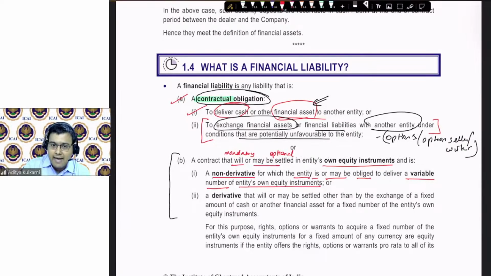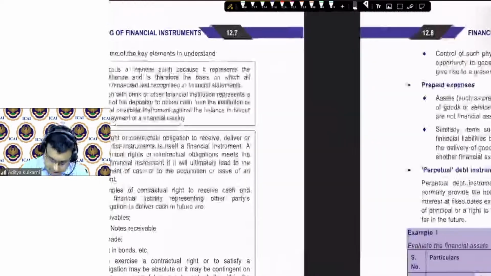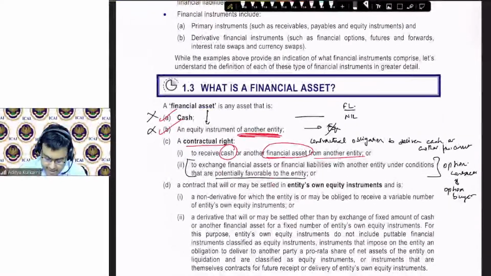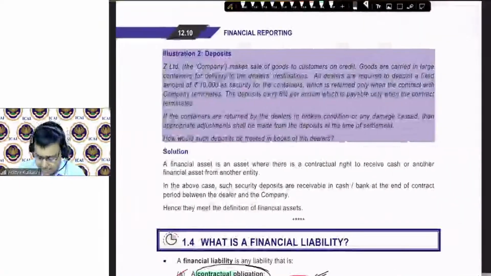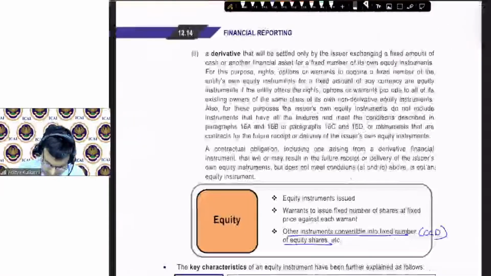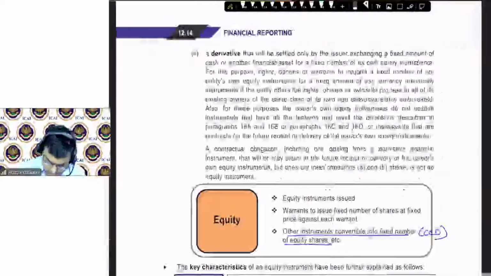A financial asset is, look at the definition, it is any asset that is an equity instrument of another entity or a contractual right to receive cash or another financial asset from another entity. मिल रहा है ना मुझे? I am getting equity instruments of another entity. So for the vendor, in both the cases, it becomes a financial asset. Is it okay? Yes. Have you understood? Everybody has understood.